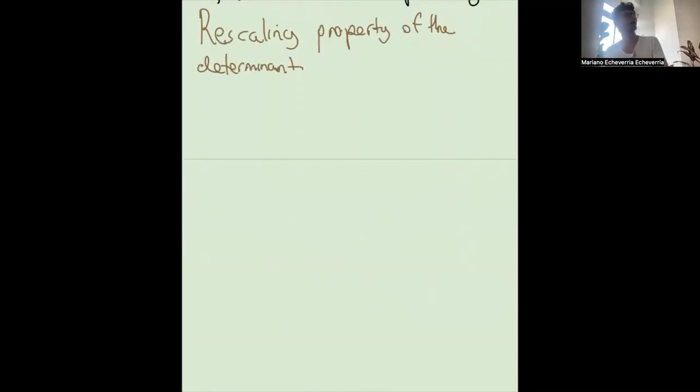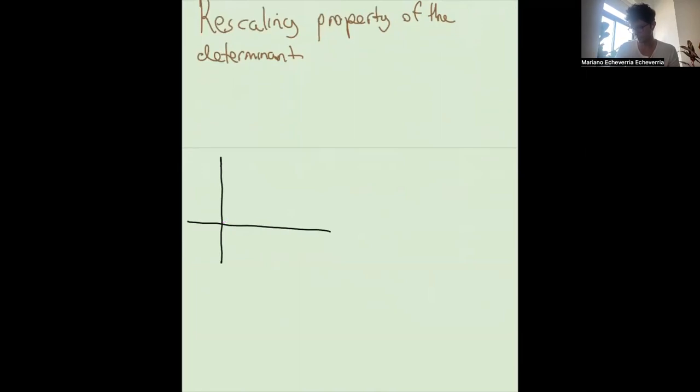Okay, so let's think about it. Imagine you had, let's say originally you have these two vectors. If I make this way smaller, just for purposes of the picture.